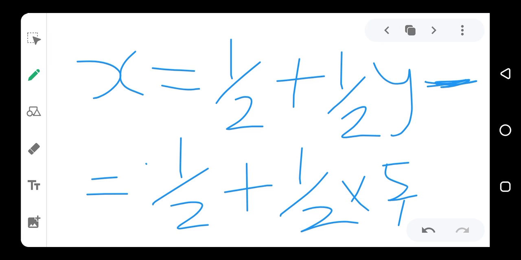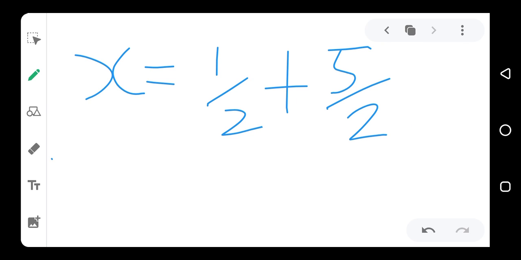That is what we did here: 1 times 5 and 2 times 1. Then the half here is now half plus 5 over 2. Now this becomes, the LCM between 2 and 2 is 2.